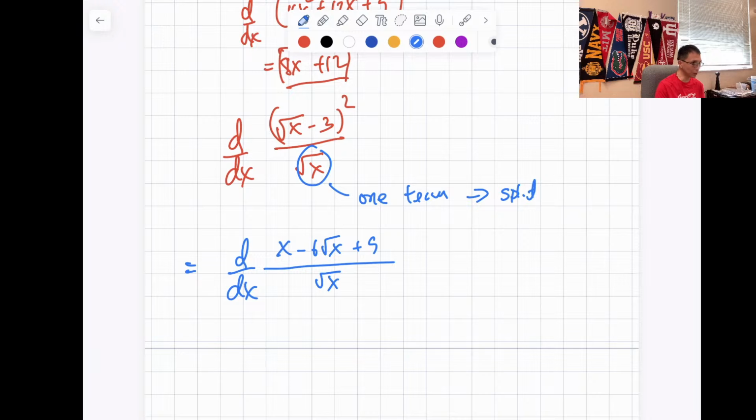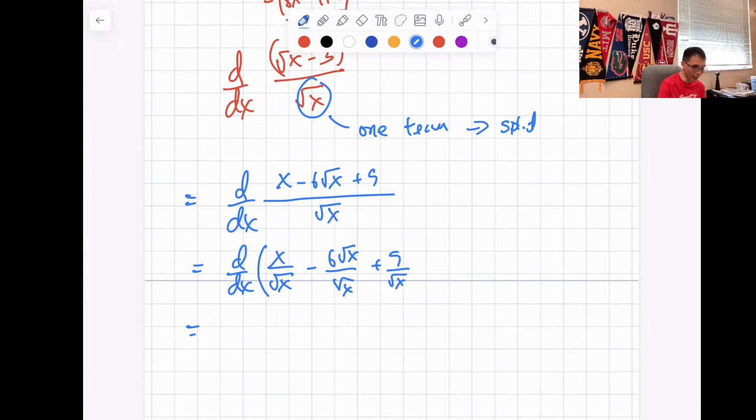Now I won't even take a derivative yet. I would just do x over root x minus 6 root x over root x plus 9 over root x. Now I can simplify this. This one's x to the 1/2, since 1 minus 1/2 is equal to 1/2.